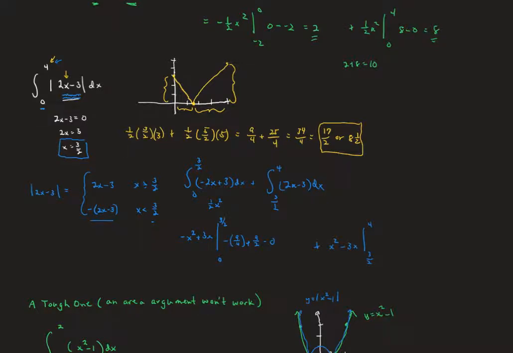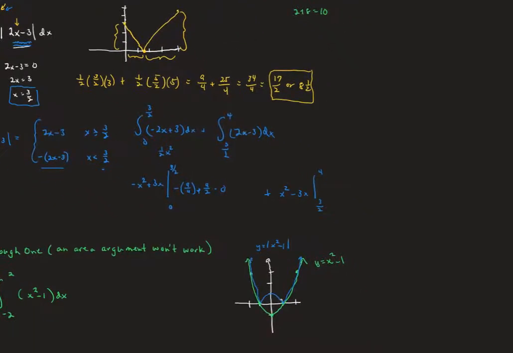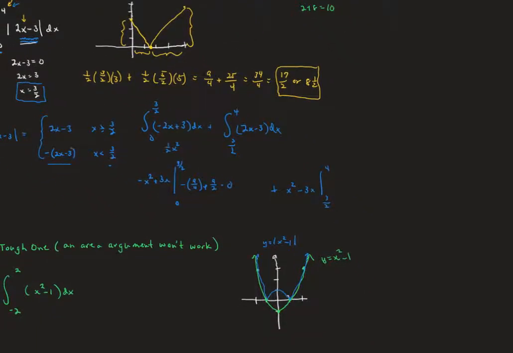I'm going to leave that for now because we may get stuff from this other integral that we can combine with that. So plugging in the 4, we're going to get 4 squared is 16, minus 3 times 4 is 12, minus, plugging in 3/2, 9/4 minus 3 times 3/2, which is 9/2.